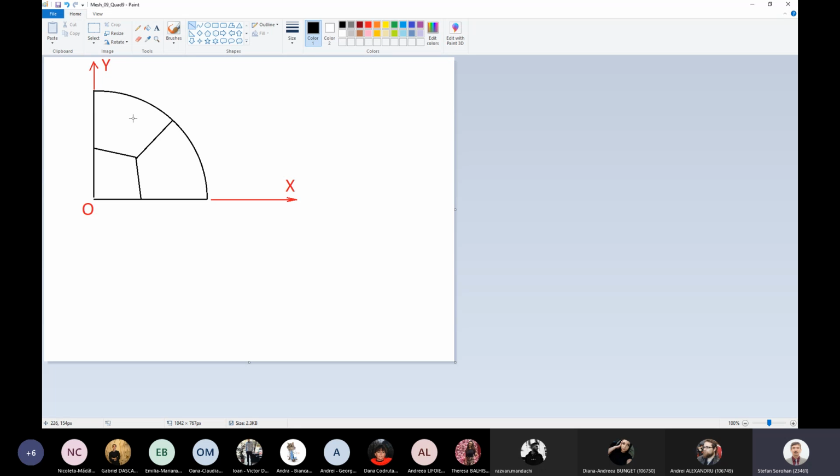I have 1, 2, 3 elements this time. Let's put the circles. Sorry, the nodes, small circle. So I need nodes here because we must define the geometry. I need nodes here.